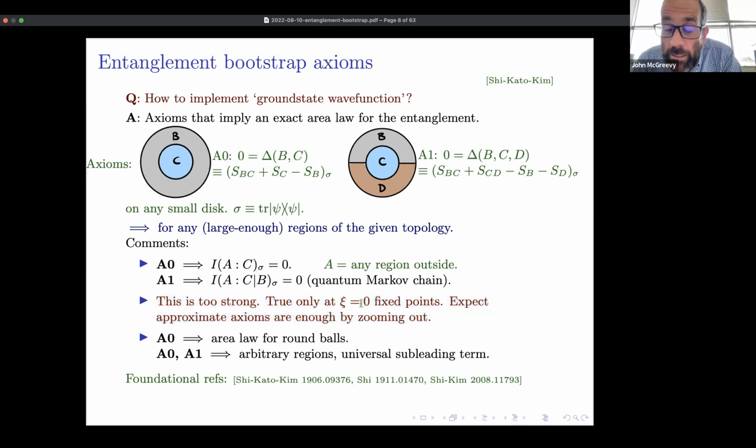But more generally, we expect, and I think we can show, that the axioms are asymptotically true, so that the violation of the axioms at a point in the phase diagram where there's some given correlation length decays exponentially, maybe with a rate something like twice the correlation length. So you should imagine that if you want to study an arbitrary point in the phase, you should just take really big regions, so that the axioms are asymptotically close to being true.